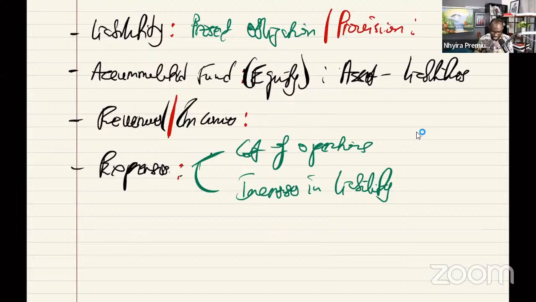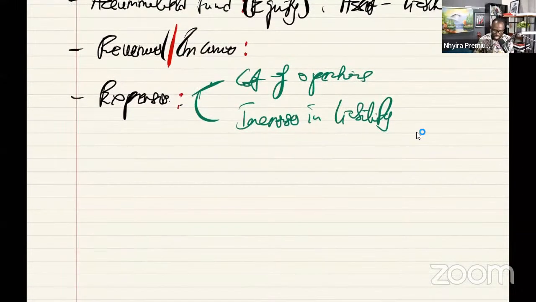So for instance, we know that government has borrowed money, and usually a lot of the money that government borrows, especially on the Eurobond market, is denominated in the dollar. So at a given point, government owes, let's say, $10 billion.